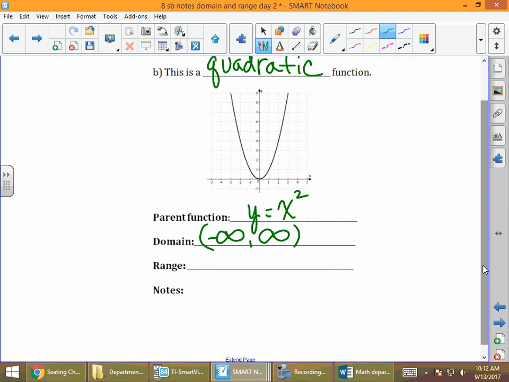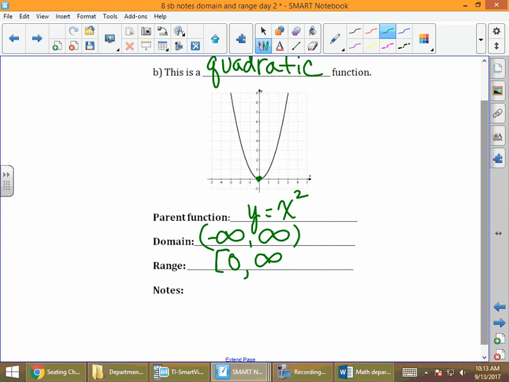And what we oftentimes say with range is, do we have a high point or do we have a low point in the graph? And on this particular problem, we have a low point. That's the lowest point in our graph. That's where we're going to start in our range. But then our graph continues to be upward. So it's going to be 0 to infinity.